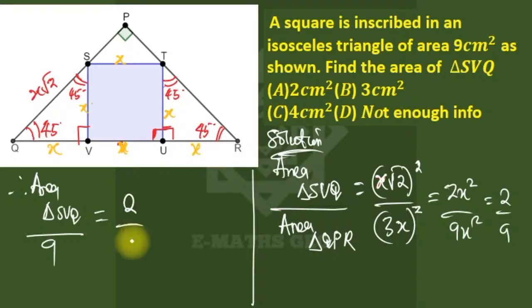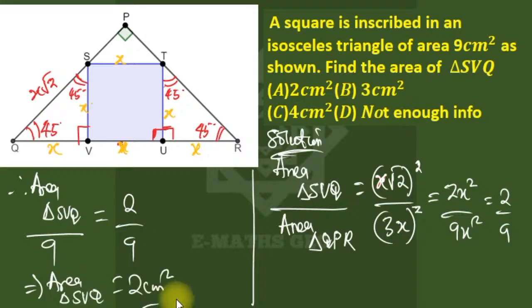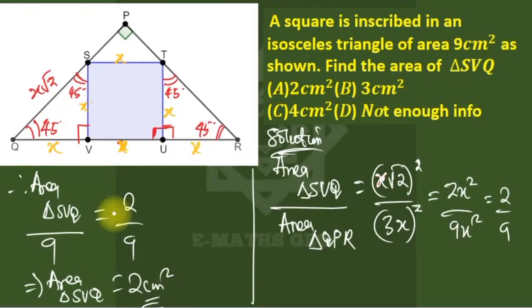Therefore, the area of triangle SVQ will be 2 cm squared. If you cancel out 9, we're left with 2 cm squared, which is option A.